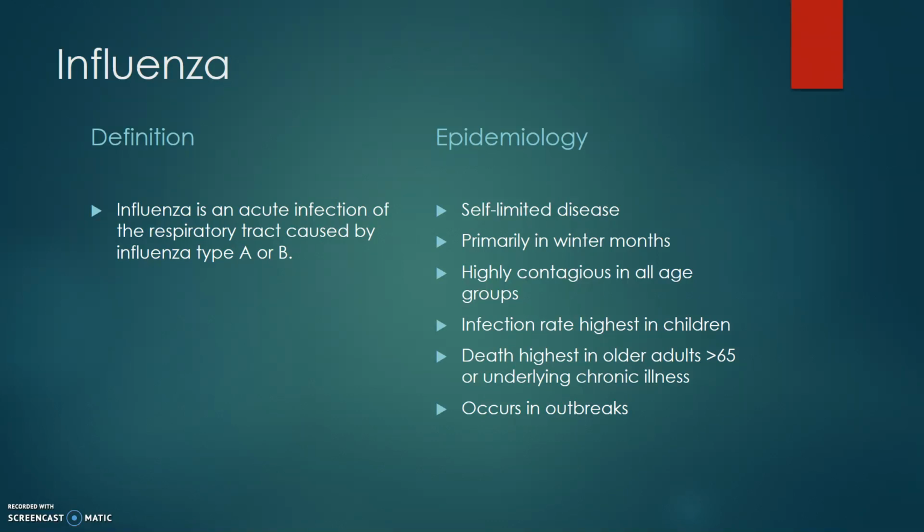We do know it's highly contagious to all age groups. And the infection rate is highest in children, but the death rate is higher in older adults greater than 65 or those patients with underlying chronic illness or immunosuppression. And because of the contagious nature of the virus, outbreaks do occur.